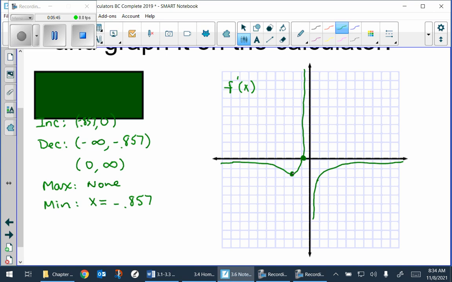Now, would I have to go back to this graph on my calculator and do a second calc, the minimum? Find this minimum value, because that is where the slope of the derivative changes from being negative to being positive.